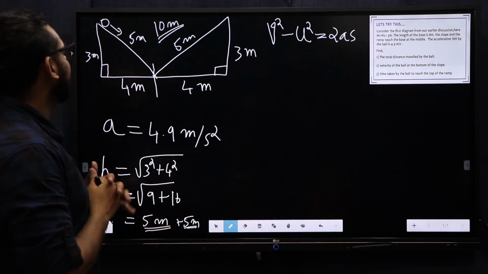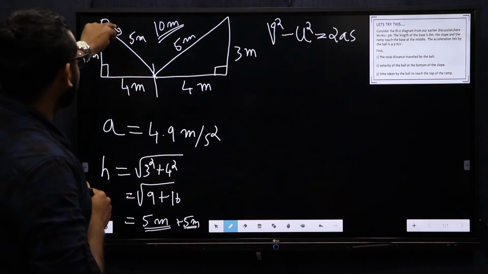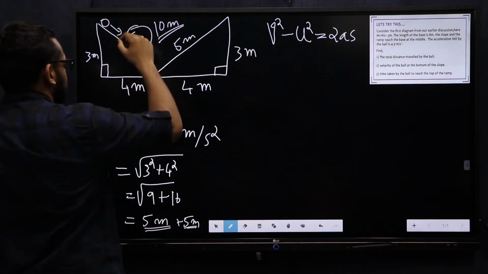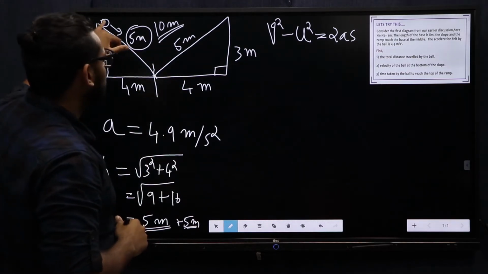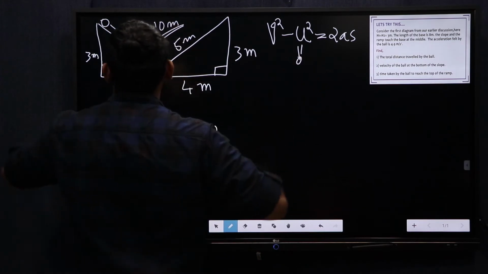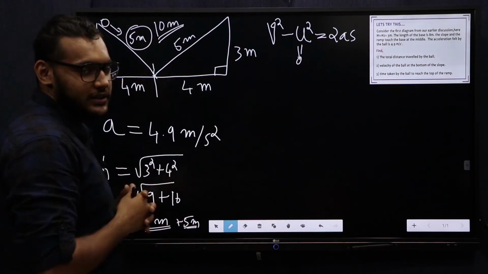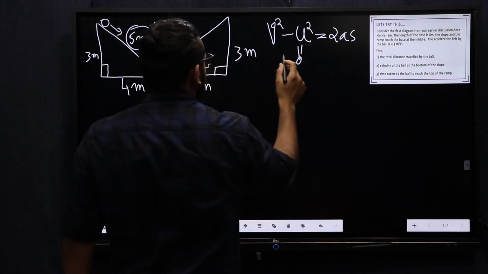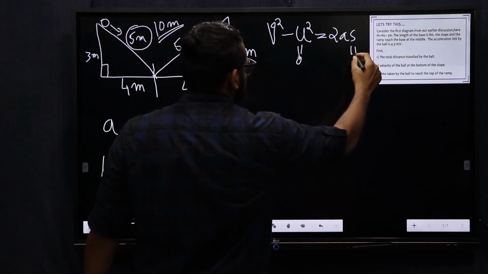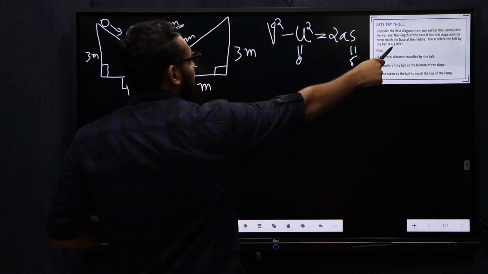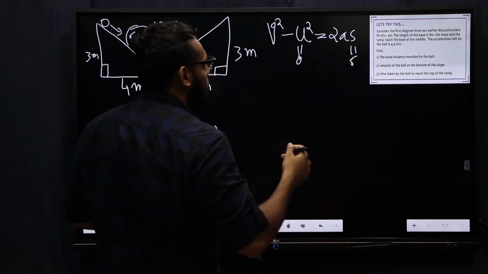Now, if we look at this diagram, we can easily see that s here would be the 5 meters that it has to travel, and u is 0 because the ball is at rest when we look at this experiment. Now, we know that this is 0, we know that this is 5, and the acceleration, or a, is given in the question as 4.9.